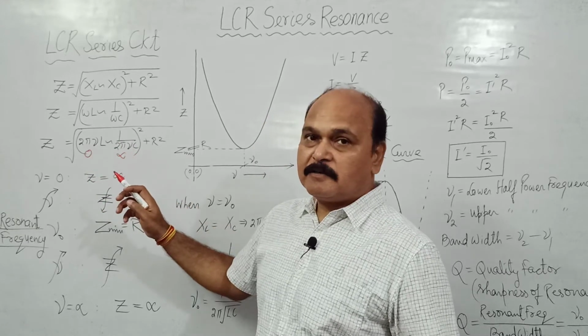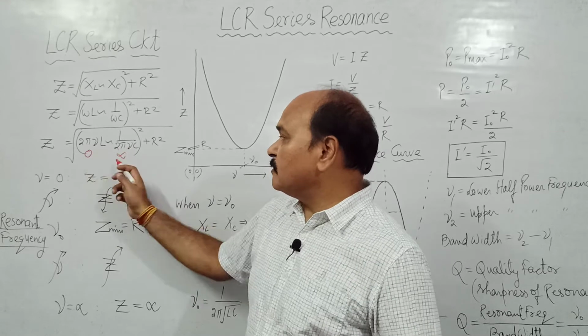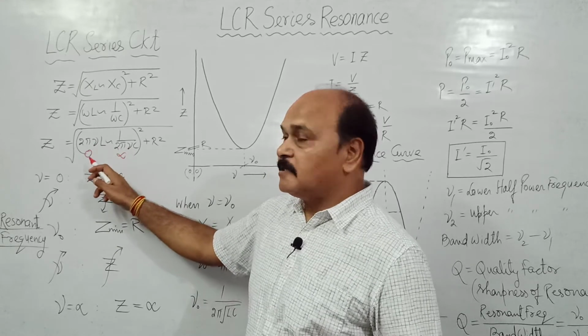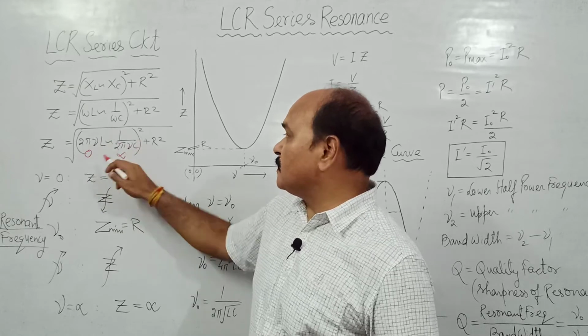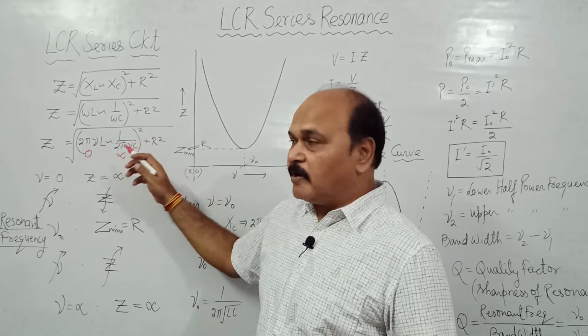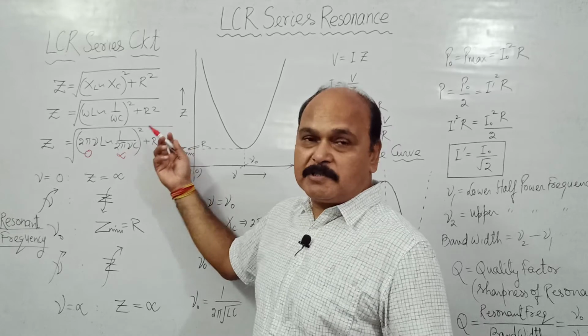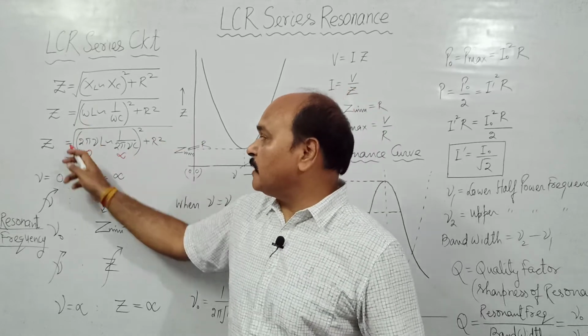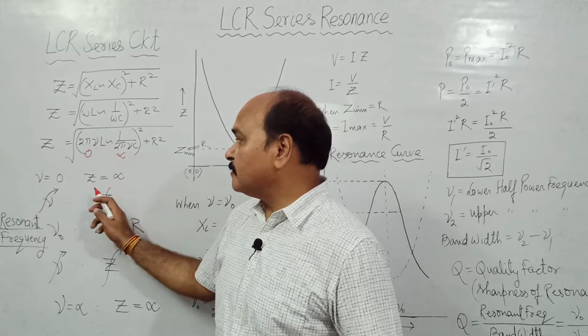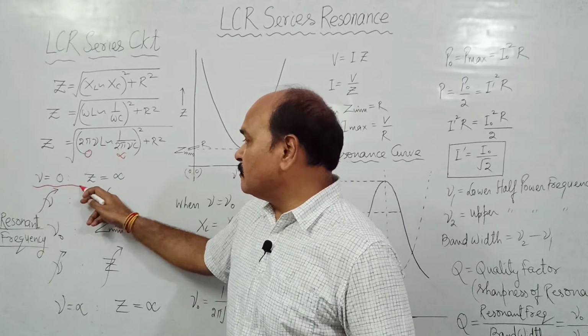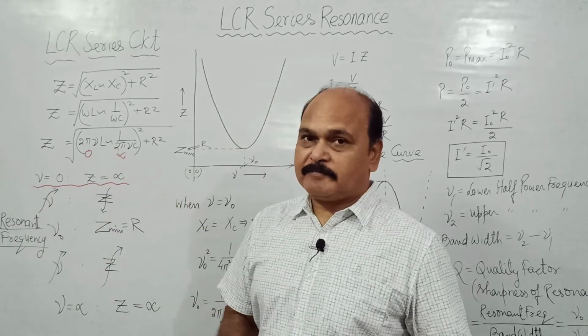Infinite. So the difference of the two, infinity and 0, is infinite. Infinite square is infinite. And if you add something with infinite, it remains infinite. And the square root of infinite is what? Infinite. That means Z is going to be infinite. So when frequency is 0, the value of Z is infinite.